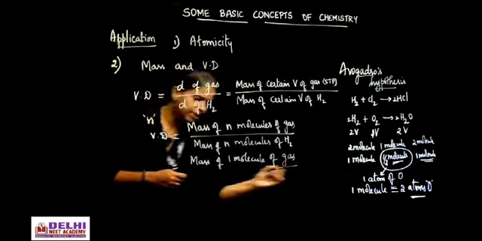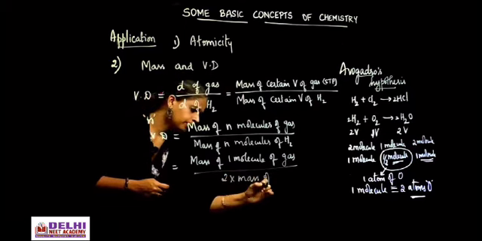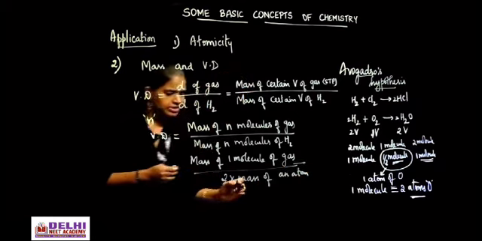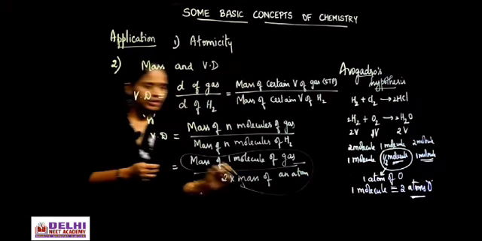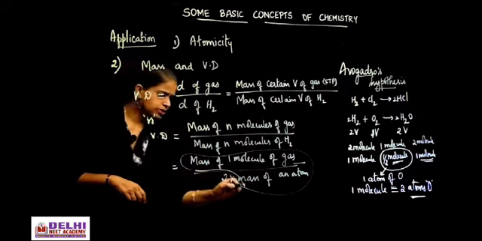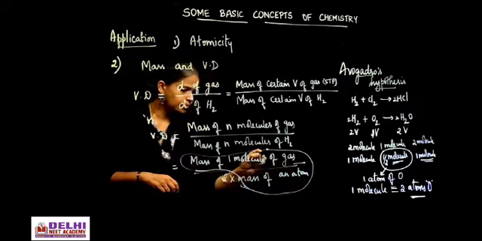The mass of 1 molecule of hydrogen is 2 into the mass of 1 atom of hydrogen. So this ratio is equal to the molecular mass.